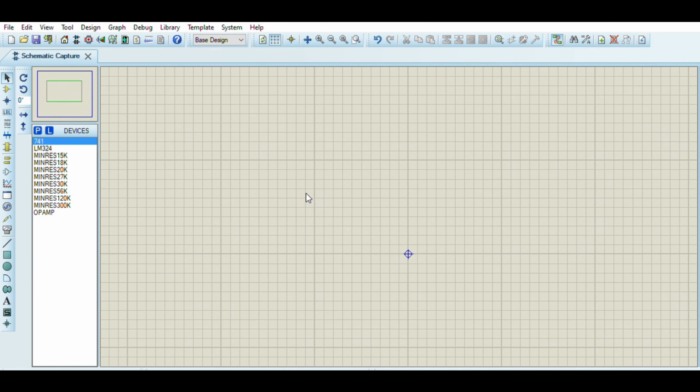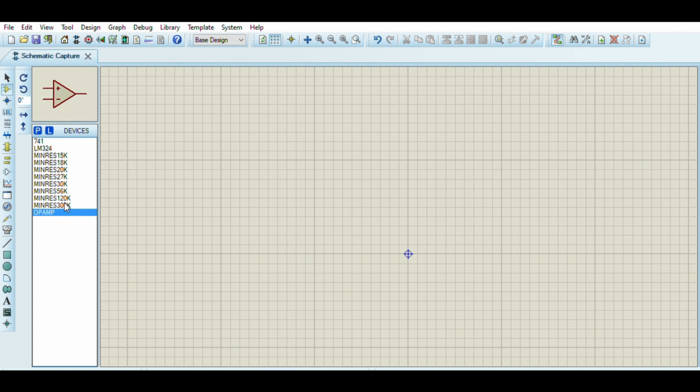So for the simulation method for question 2, we need to use op-amps, a 300k resistor, 120k resistor, 56k resistor, 30k resistor, 27k resistor, 20k resistor, 18k resistor, and 15k resistor.